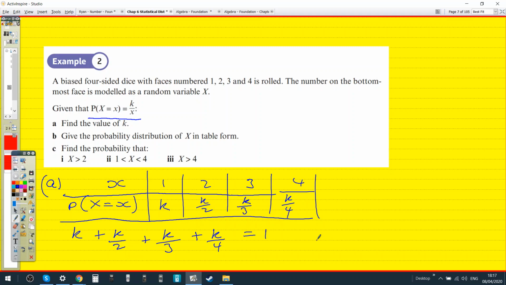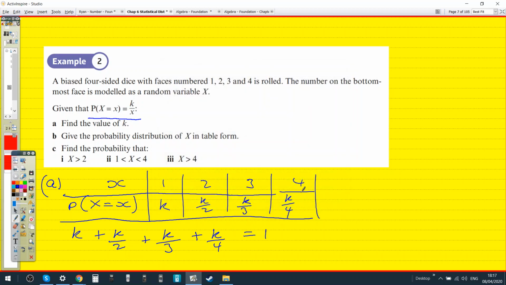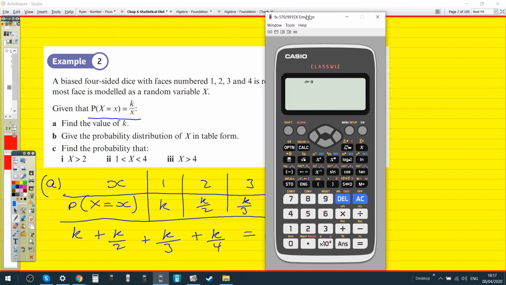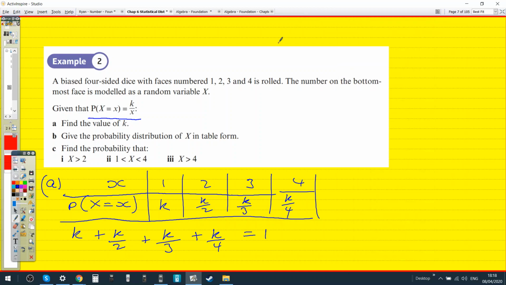Would you add the k's all together? Sure. How would you do that? Like 1 plus a half plus a third plus a quarter, k. So k plus a half k plus a third k plus a quarter k. 25 over 12 k equals 1.